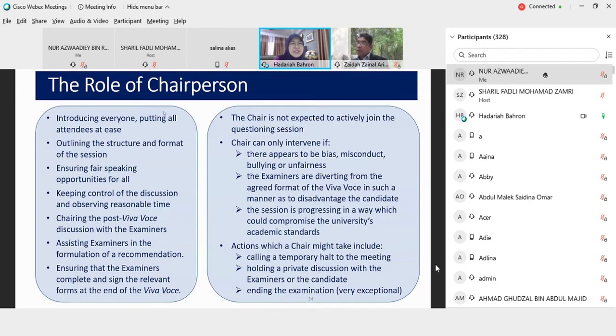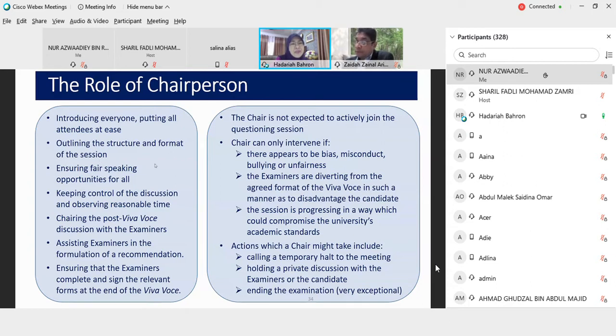Now, the role of a chairperson. If you are appointed to be a chairperson, it is actually an honor. I always enjoy being a chairperson if I'm given the opportunity. You are expected to introduce everyone, putting everybody at ease, just to make sure everybody is feeling good at the beginning of the session.